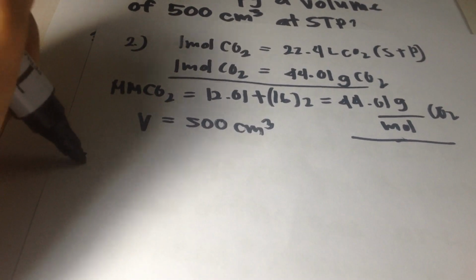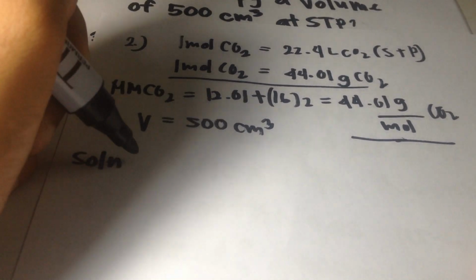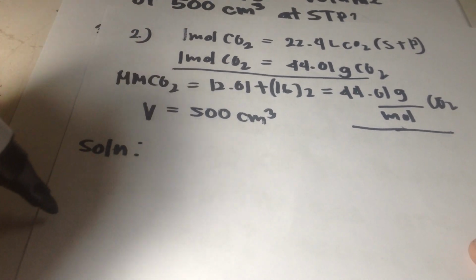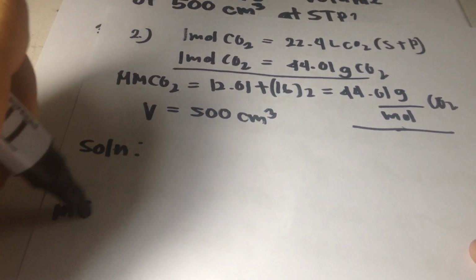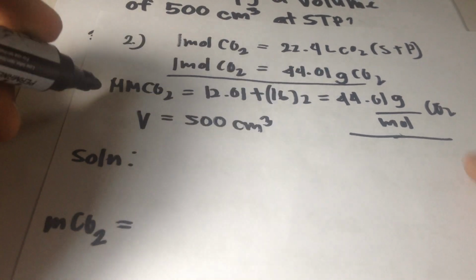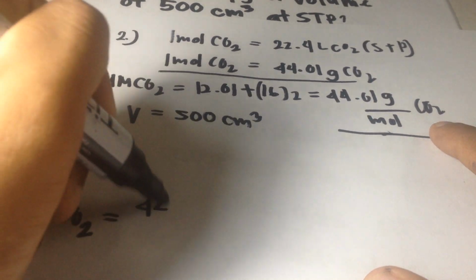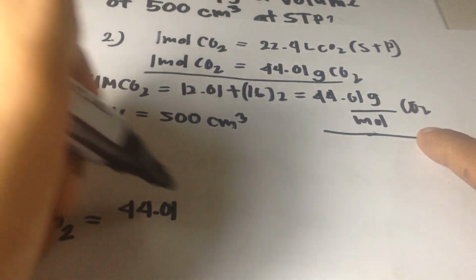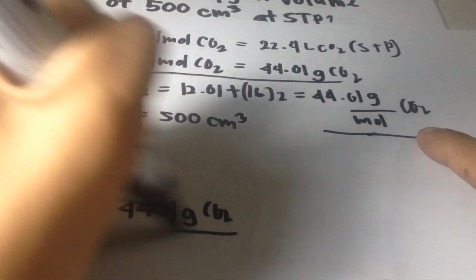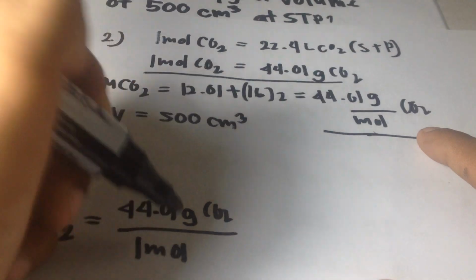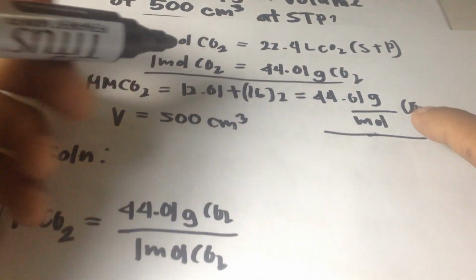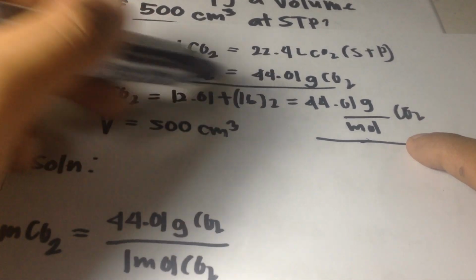We need to solve for the mass of carbon dioxide. So the mass of carbon dioxide equals the molecular mass, 44.01 grams of carbon dioxide over 1 mole of carbon dioxide. You need to use the molecular mass or the ratio.